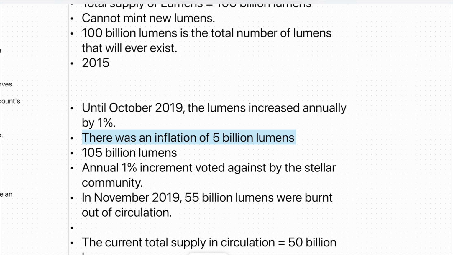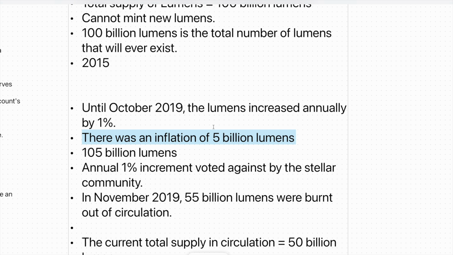By 2019, there was already an inflation of 5 billion lumens because it increased by 1% every year. It was released in 2015, so between 2015 and 2019 there was already an inflation of 5 billion lumens. Because of that, we know this is not good for the blockchain, so the community voted against it.